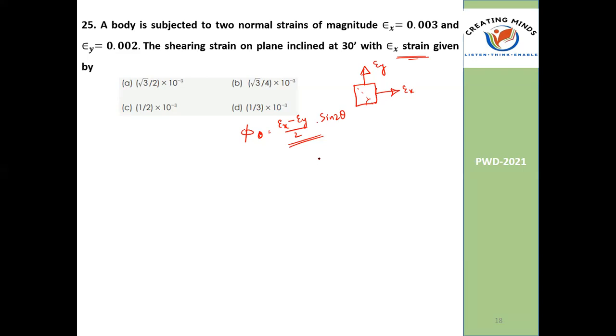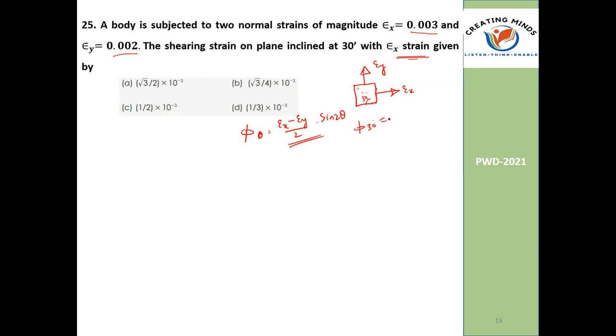You know epsilon x is 0.003, and epsilon y is 0.002, divided by 2 sine 2 theta. Theta is given as 30 degree. How much are you getting?